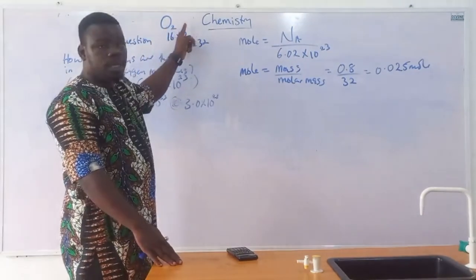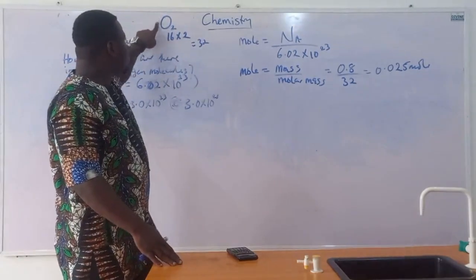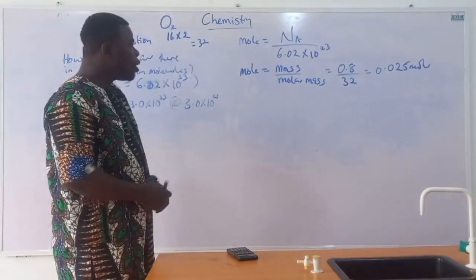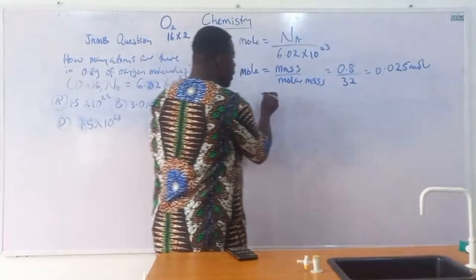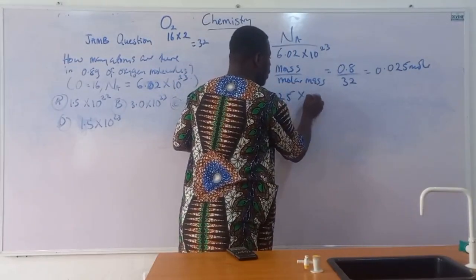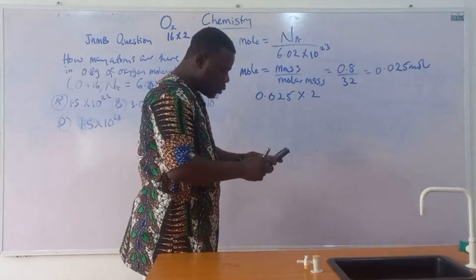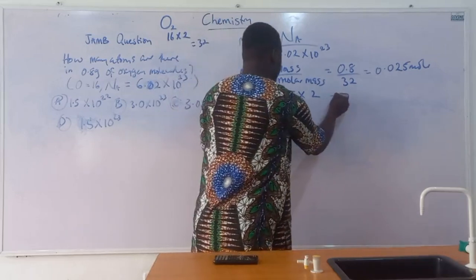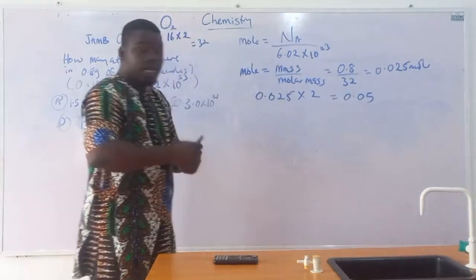Because 2 here is acting as a subscript. Molecule in oxygen here is 1 because there's nothing at the front, so we assume it is 1, right? So before we can solve with this, we have to multiply this by 2. If we multiply that times 2, we are going to get 0.05.